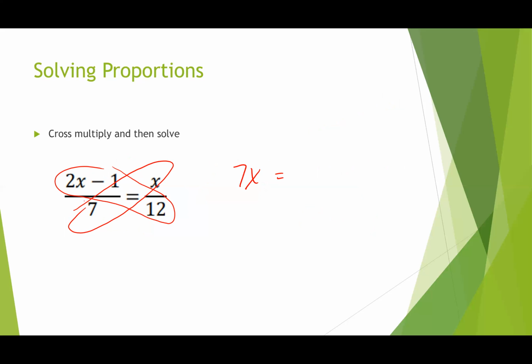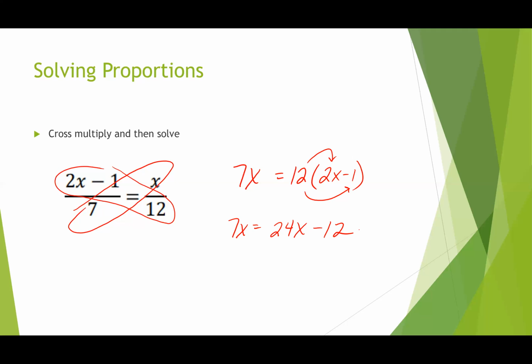Now my other diagonal: I'm taking 12, the plain number, and then whatever has the variable in it, you put in parentheses, so 2x minus 1. On this side we have to use the distributive property before we can solve. So 7x equals 12 times 2x, which is 24x, and 12 times negative 1, which is negative 12.